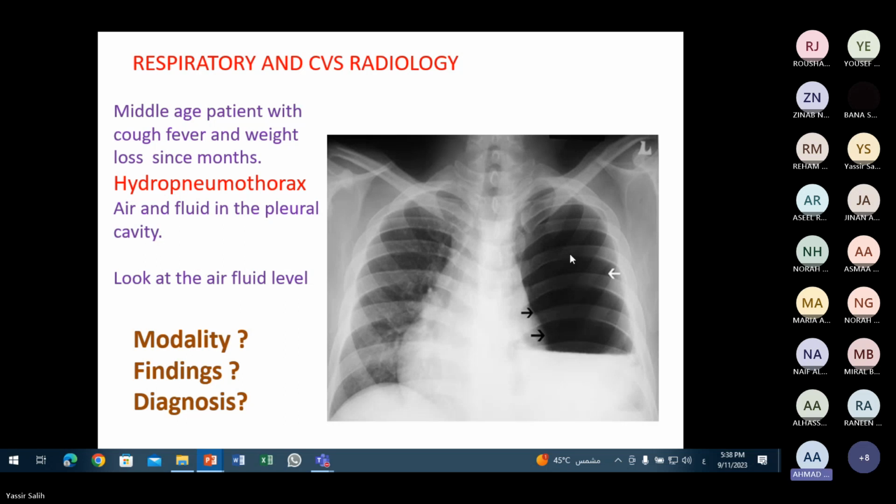Is the lung compressed or not? Yes, the lung is compressed medially. Do you see lung marking in the hyperlucent area? No, there is no lung, no blood vessel. What is this sign? We talked about it, the silhouette sign.